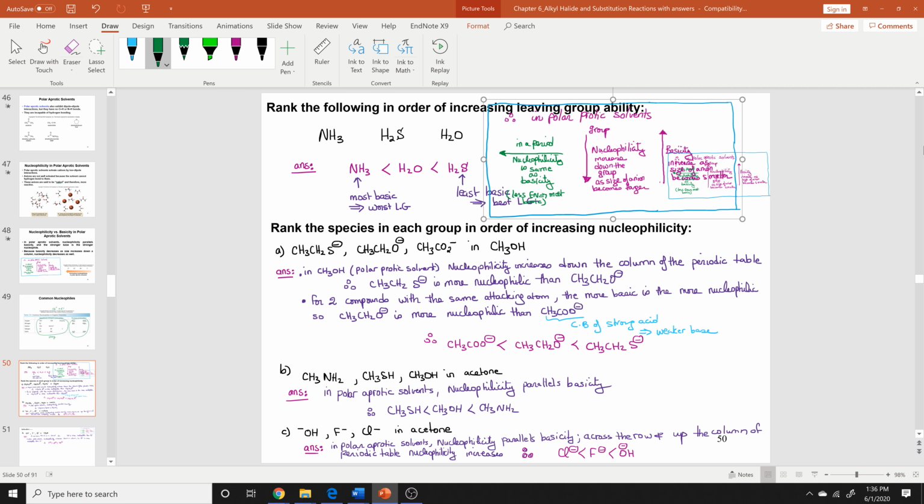Now for two compounds that share the same oxygen atom, we know that the more basic is the more nucleophilic. Since this one is the conjugate base of a strong acid, it is a weak base in this case. So it's going to be less nucleophilic than the ethoxide. And this is going to be my order.